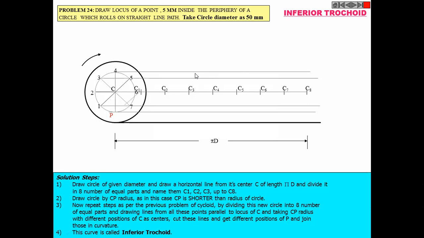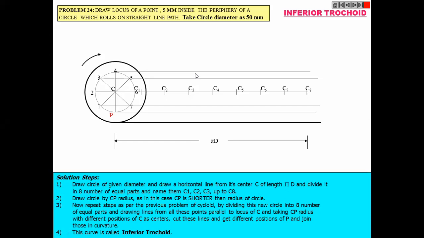What is the next step? We'll take radius as... Anyone from you? Please answer me. It is not audible. Please make it clear. Sir, take CP. Correct, CP radius. Then next step, after taking CP radius, what is the next step?